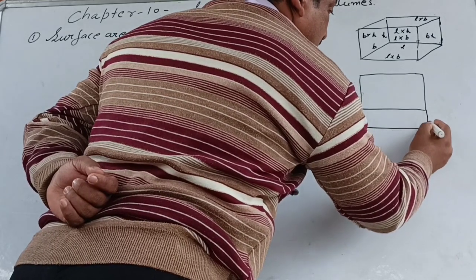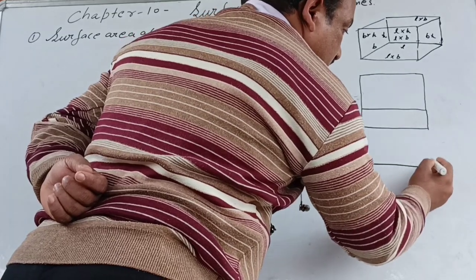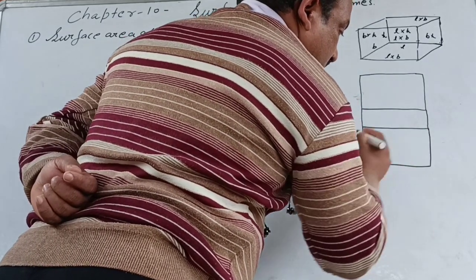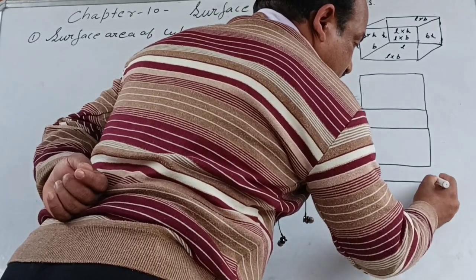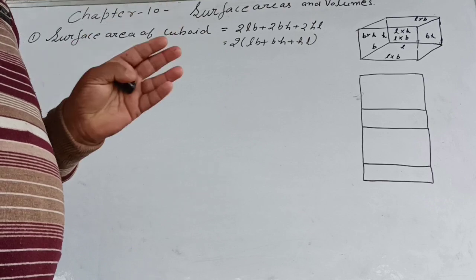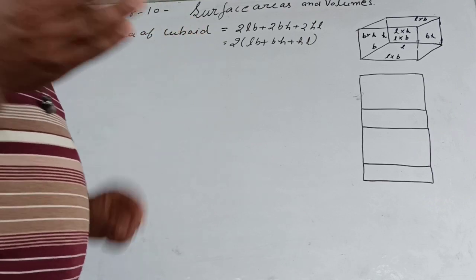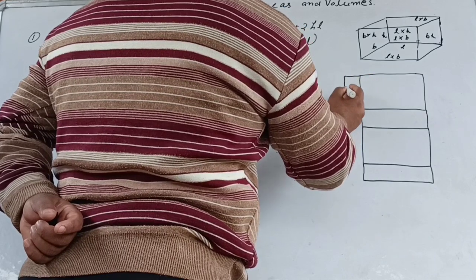Again third part is like this, and fourth part is like it. This is the shape of matchbox. But if you open the side cap, we find a shape like this.